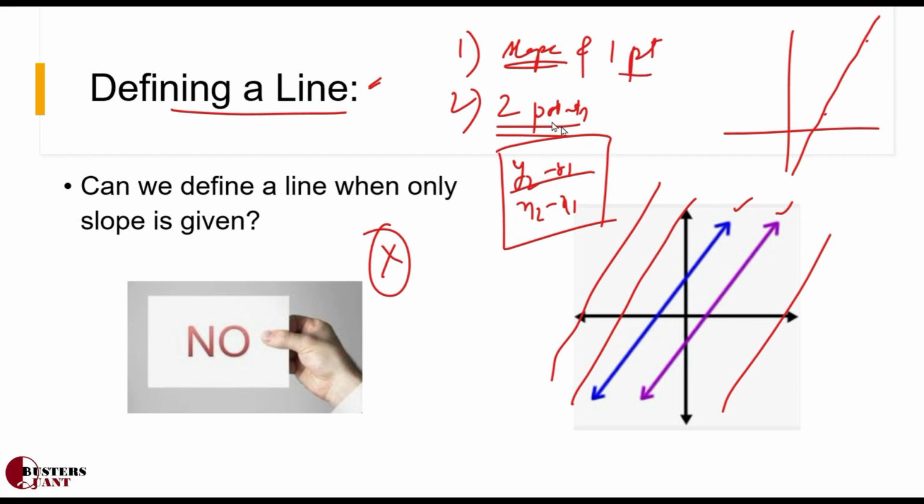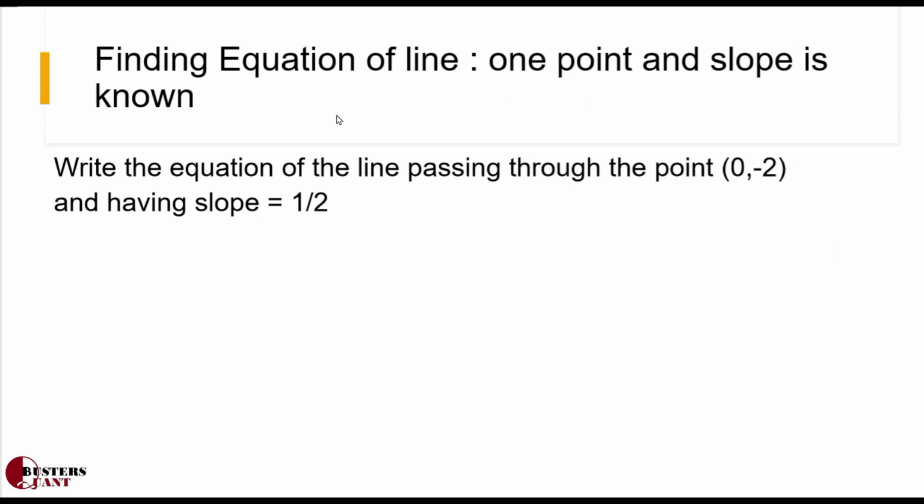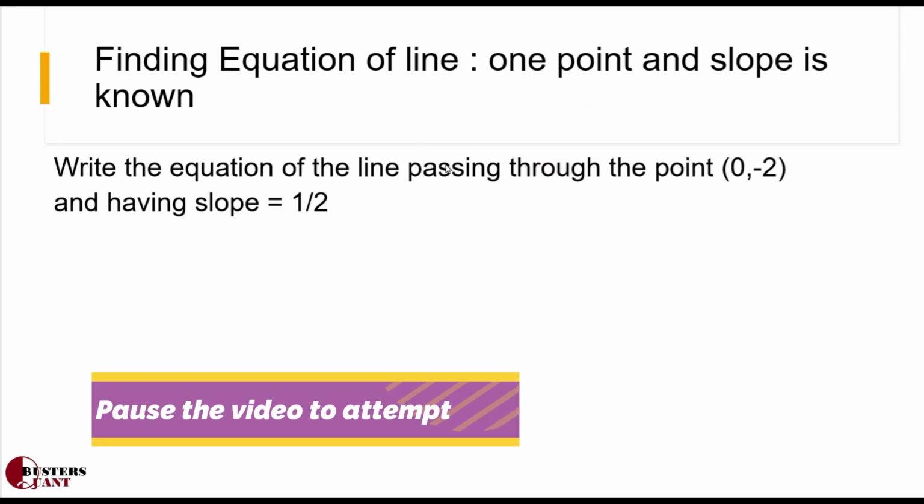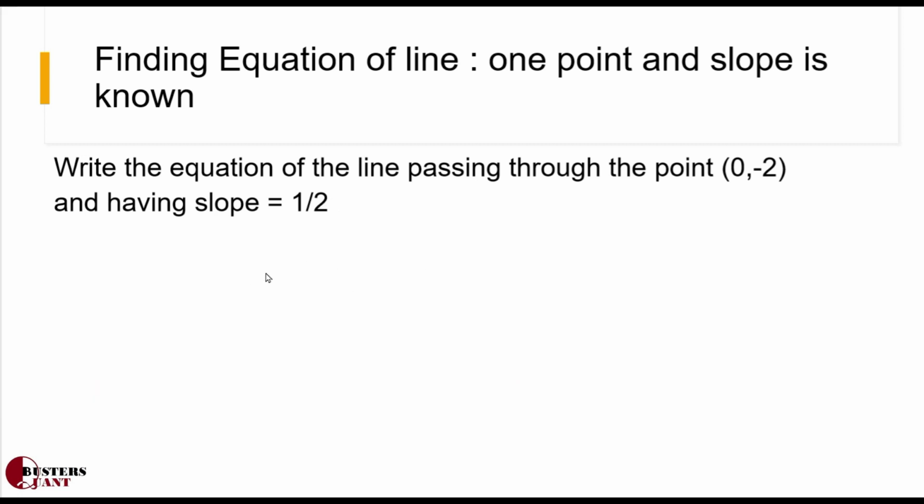Now, finding the equation of a line when we have 1 point and the slope. We know the equation of a line is y = mx + b, where m is the slope and b is the y-intercept. The slope is given, slope equal to 1 by 2, so m equals 1 by 2.